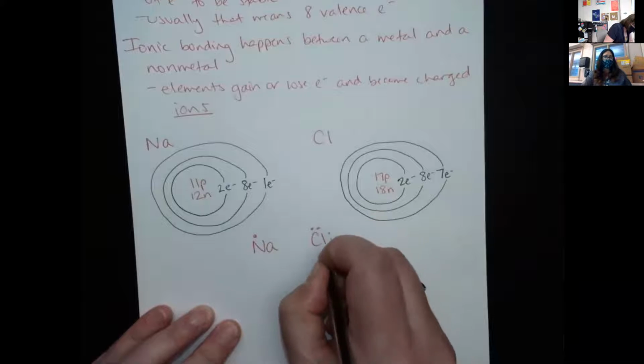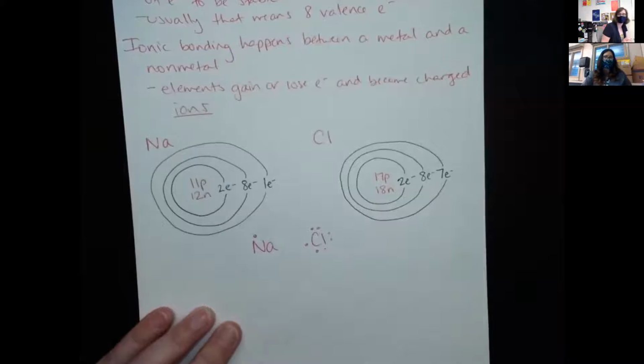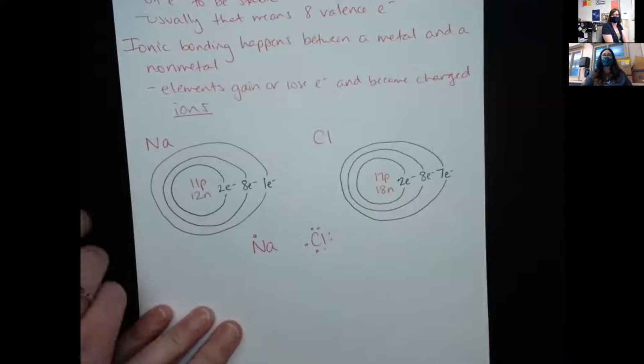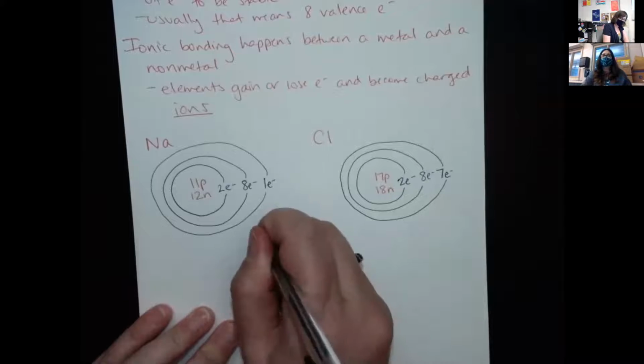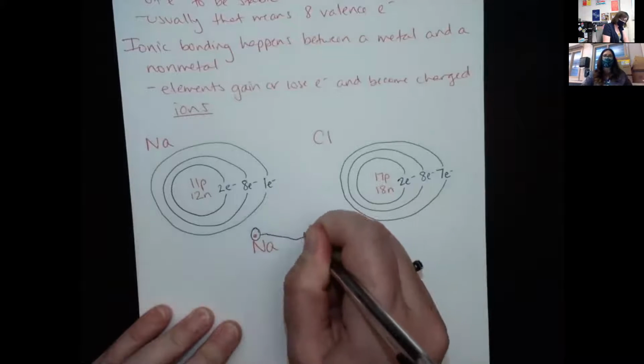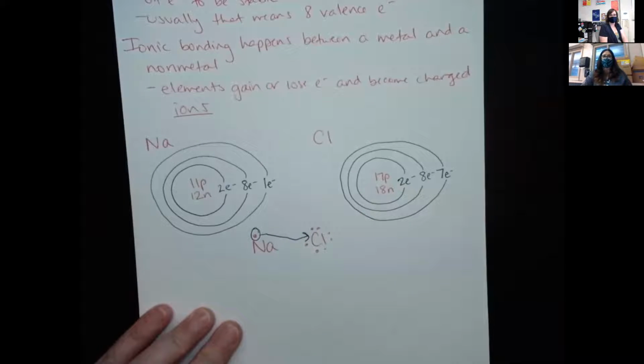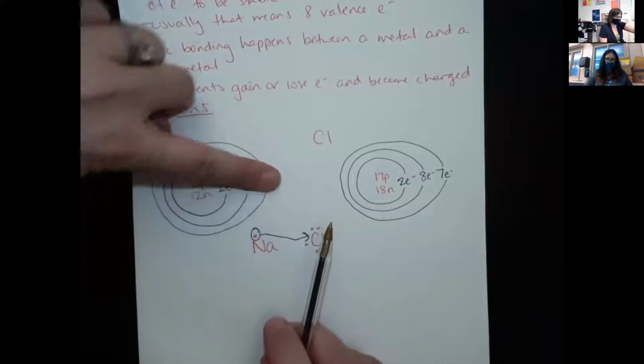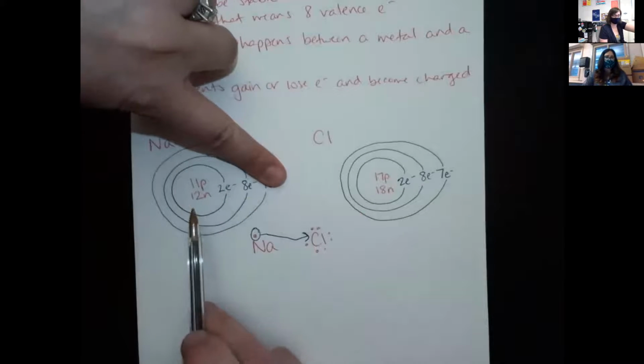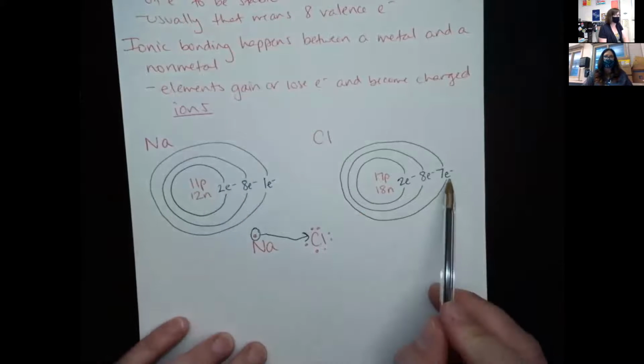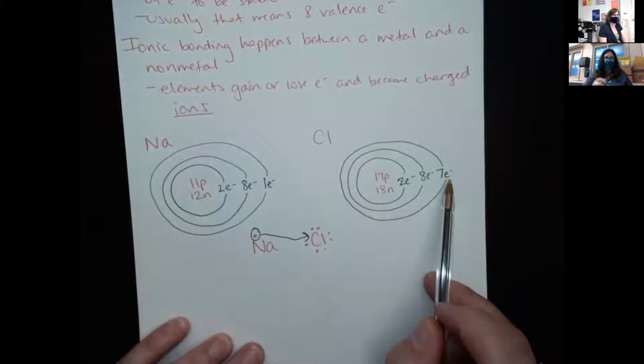And chlorine has 7 valence electrons, so we would draw 7 dots. And then we show that sodium can give its electron to chlorine. Gives away that electron, and it becomes happy because it now has 8 in its next layer. And chlorine gains just 1, and now it's happy because it has 8 in its outer layer.